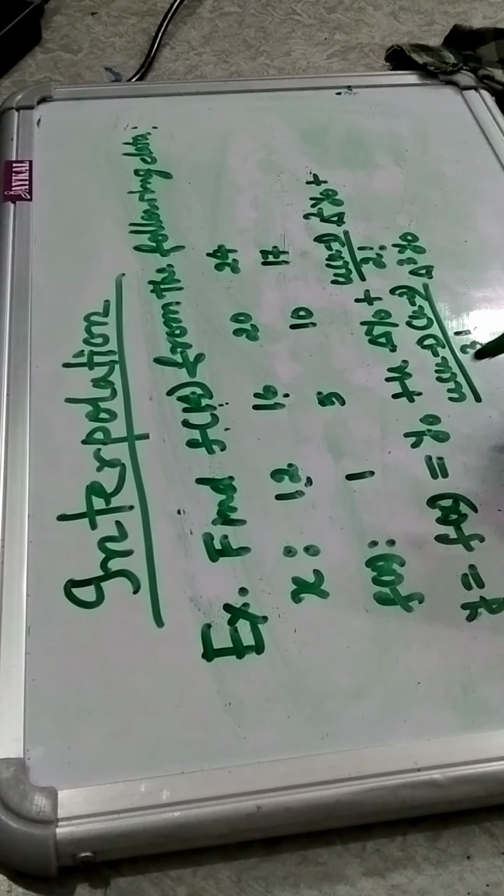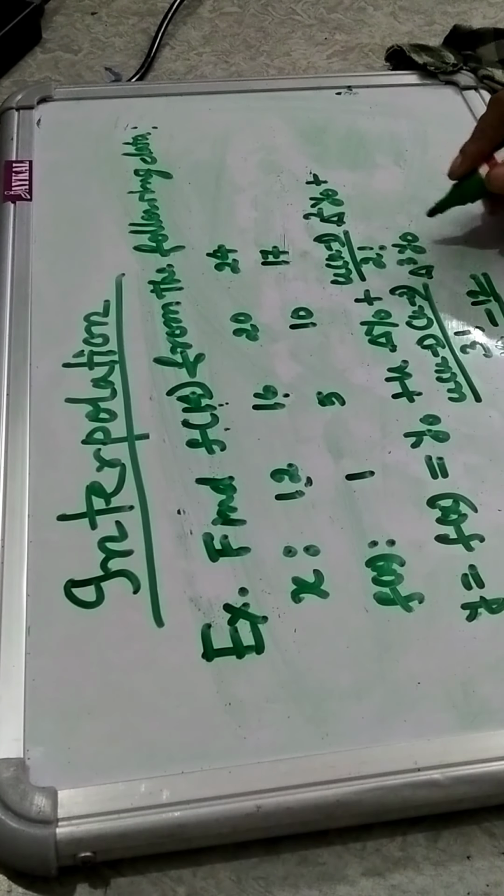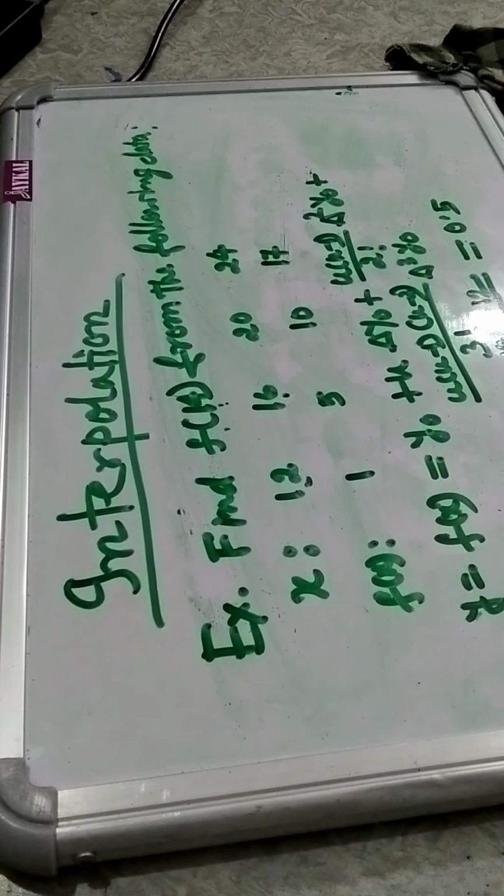Here u is equal to (x minus x0) by h. Our x is 14 and x0 is 12, so 14 minus 12, and h is 4. Therefore, after calculation, we get 0.5.